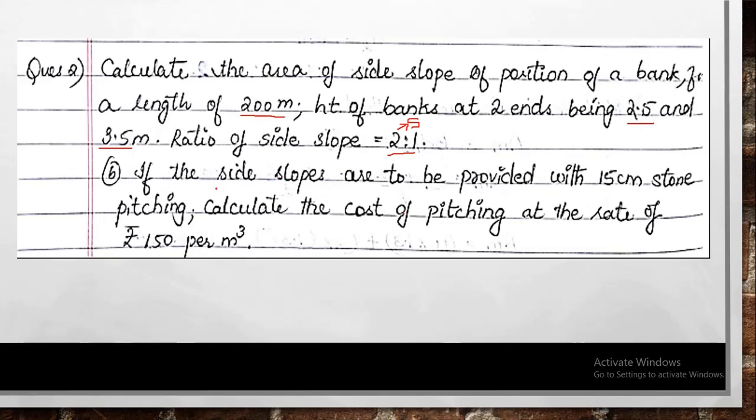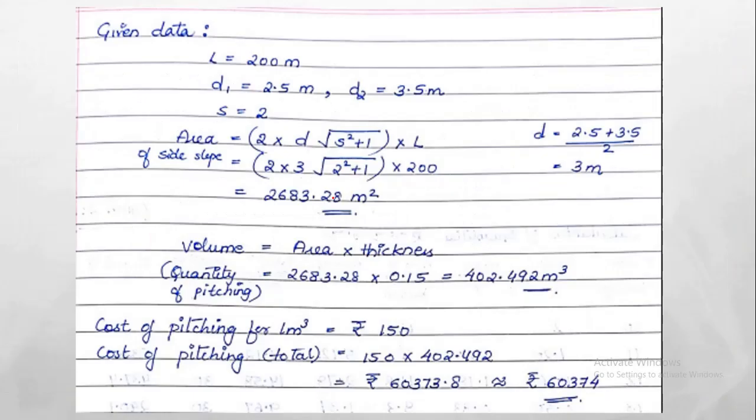And also, as a second part of the question, we have been asked to calculate the cost of pitching if the side slopes are to be provided with 15 centimeter stone pitching at the rate of rupees 150 per meter cube. Okay, let's see.